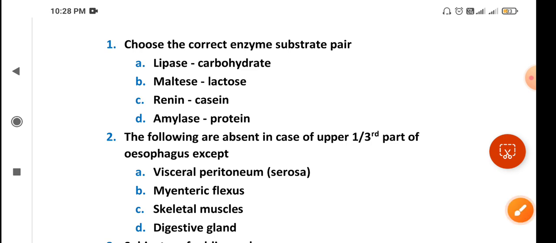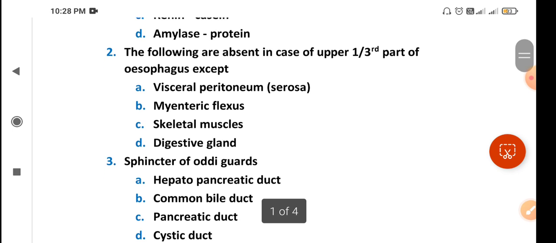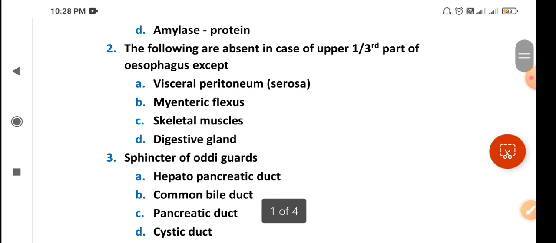Now the second question. The following are absent in case of the upper 1/3 part of the esophagus except. The question says that among the four options given, three things are absent in the upper 1/3 part of the esophagus and one is present.